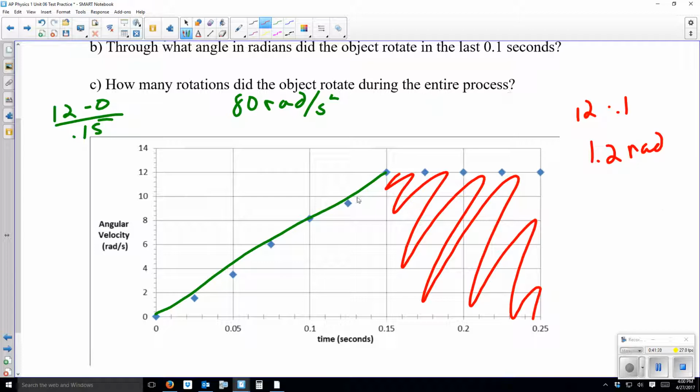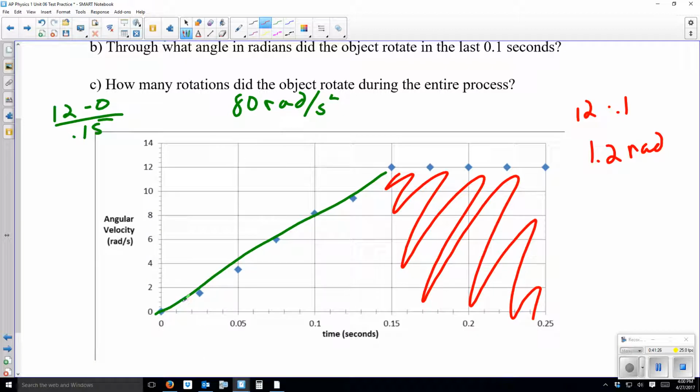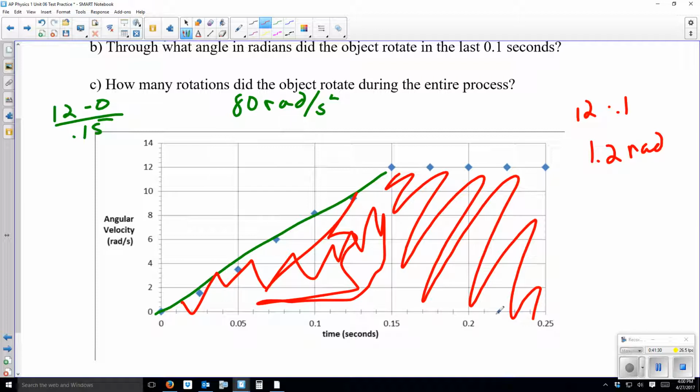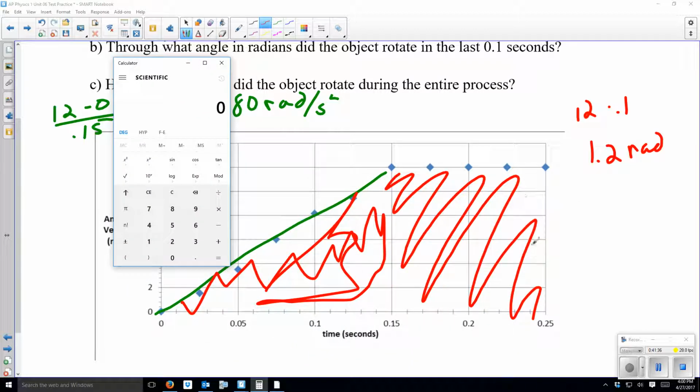I already had the 1.2 from this other side, so I'll take 0.15 times the height of 12. And because it's a triangle, I got to divide that by 2. So 0.9 plus the 1.2, that gives me 2.1 radians, but I need to convert that into revolutions. That's how many rotations actually occurred.